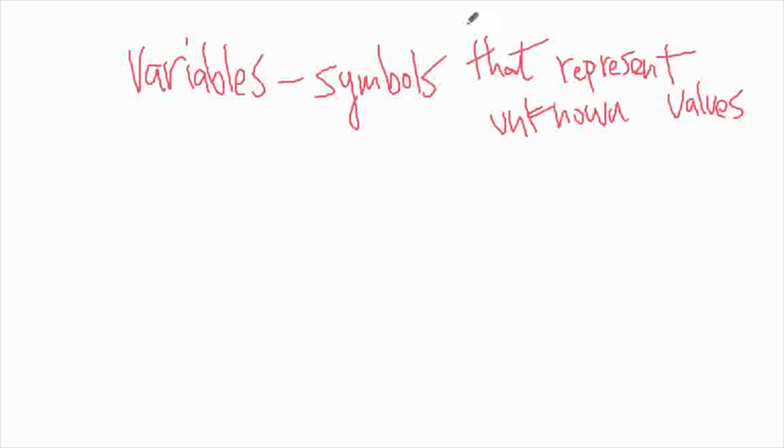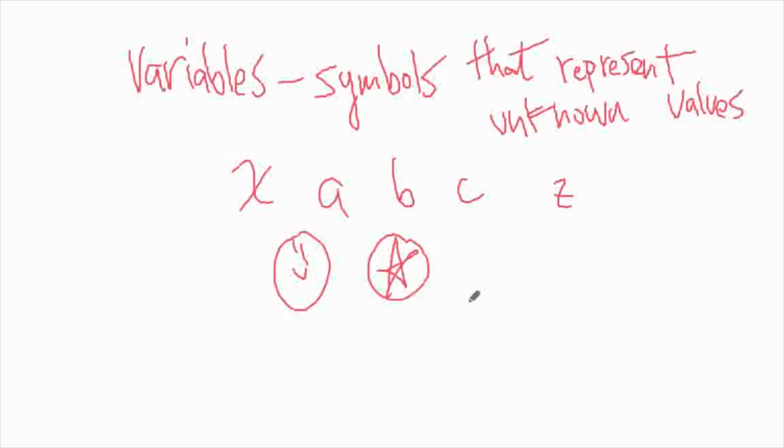For example, you could call an unknown value the letter X, which is traditionally a common one, but there's no reason you couldn't use A or B or C or Z. And if you really wanted to freak people out, there's no reason you couldn't use a happy face or star. You get the idea. So it's just a symbol, a placeholder until you figure out what the value is.